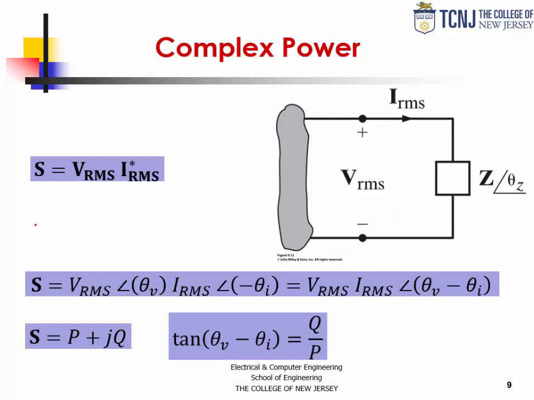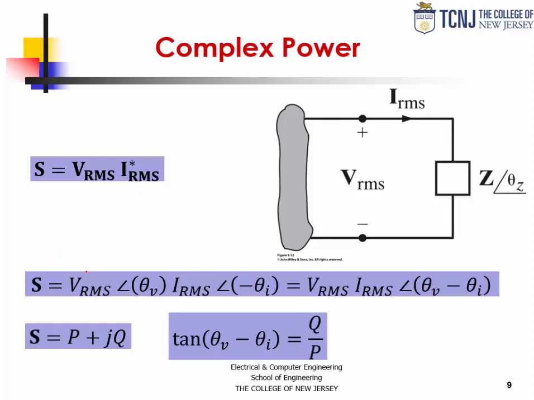The other quantity of interest is what we will call complex power, which is given by the root mean square of the complex voltage times the complex conjugate of the RMS value of the complex current.